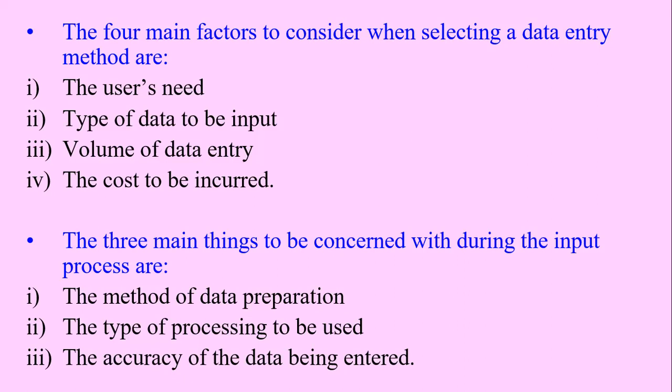And therefore, the three main things that you need to be concerned with during the input process are the method that we are going to use to prepare the data, the type of processing to be used, and the accuracy of the data that is being entered.